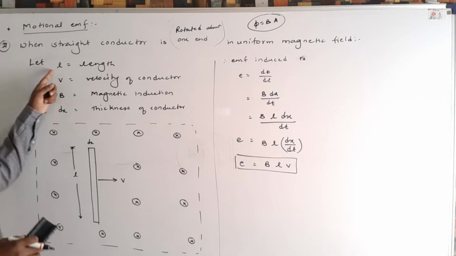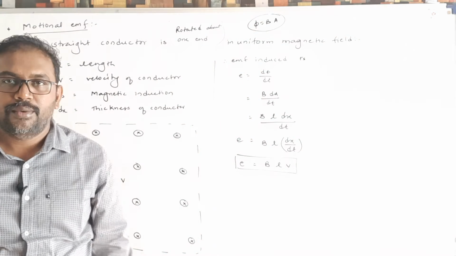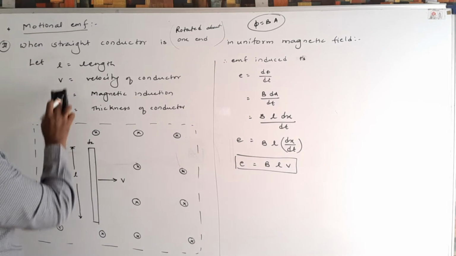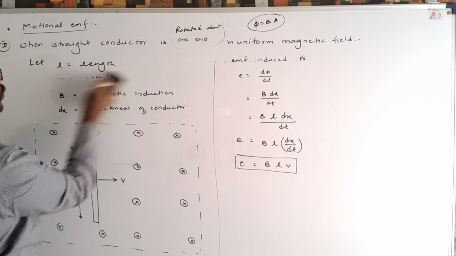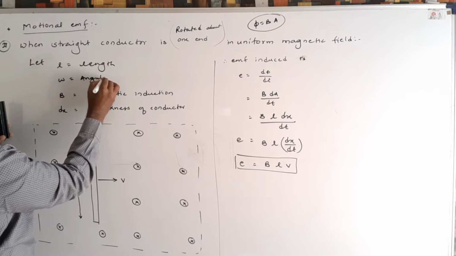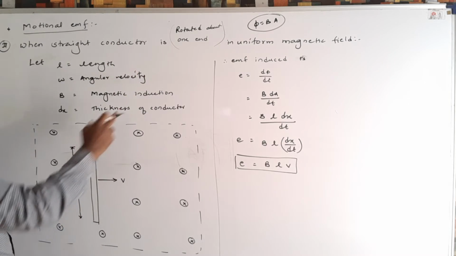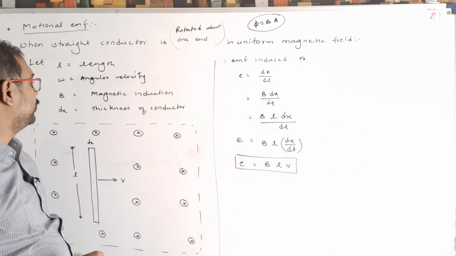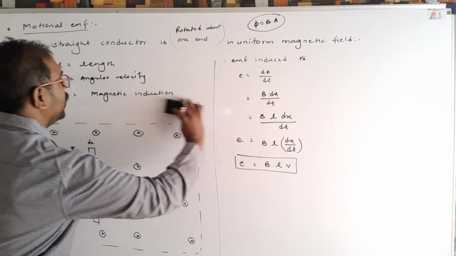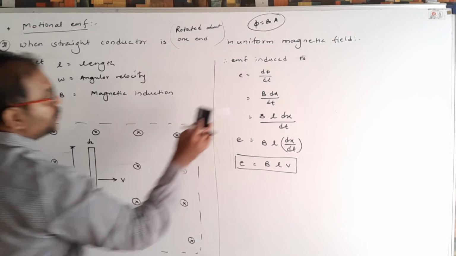So I consider a conductor of length L rotated with angular velocity omega, in uniform magnetic field of induction B. Okay, that we consider.